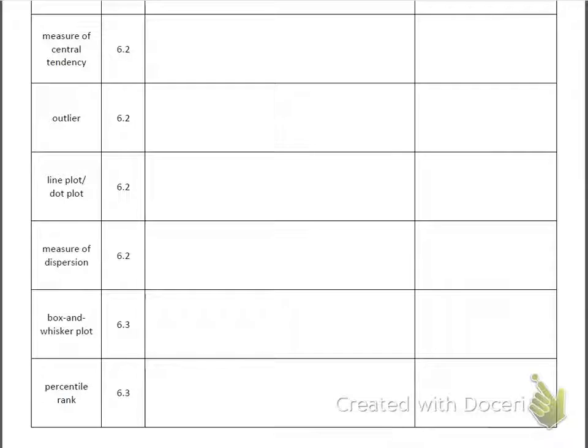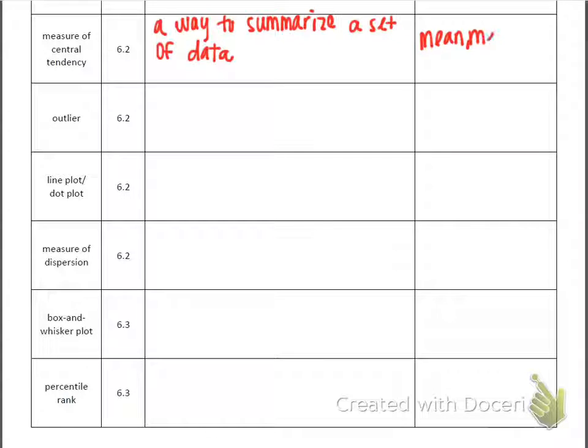So the first one that we need to define is a measure of central tendency. A measure of central tendency is a way to summarize a set of data. You guys actually already know a couple measures of central tendency: mean, median, and mode.